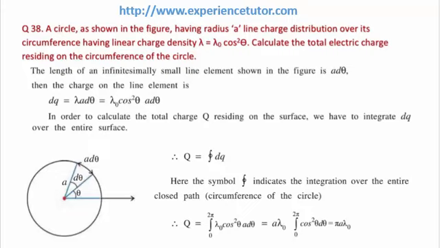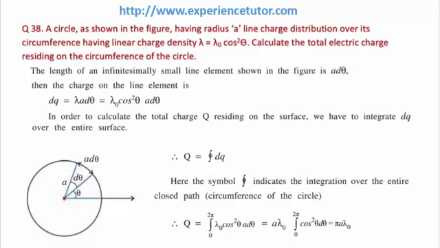Question 38. A circle as shown in the figure has radius a. Line charge distribution over its circumference has linear charge density lambda is equal to lambda naught cos square theta. Calculate the total electric charge residing on the circumference of the circle.